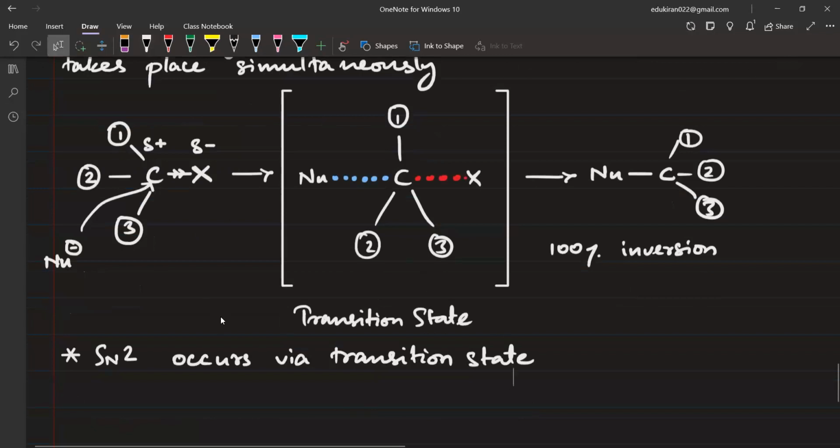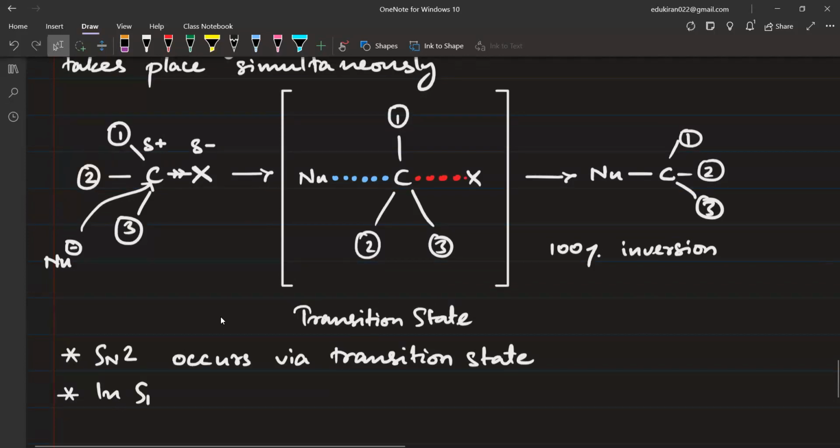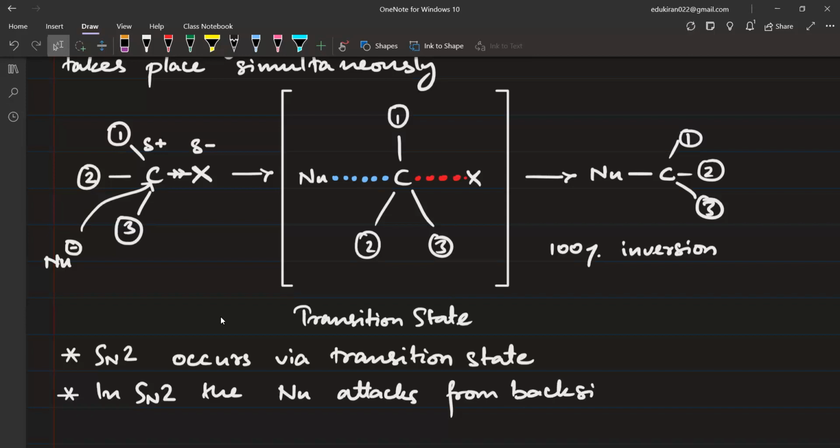Next point you will write is, in SN2, the nucleophile attacks from backside leading to 100% inversion.